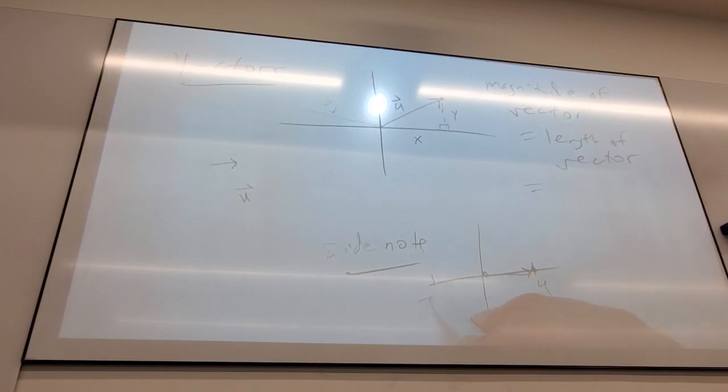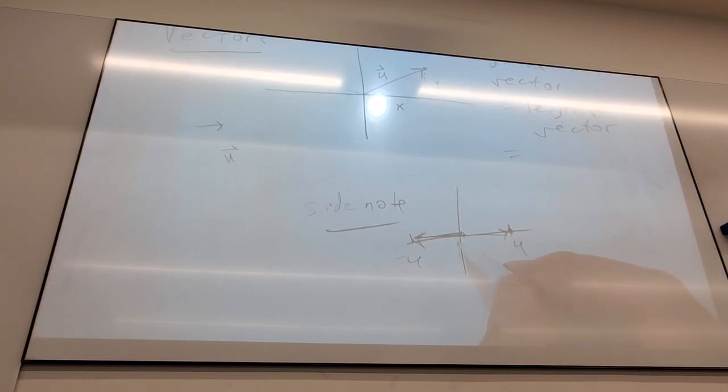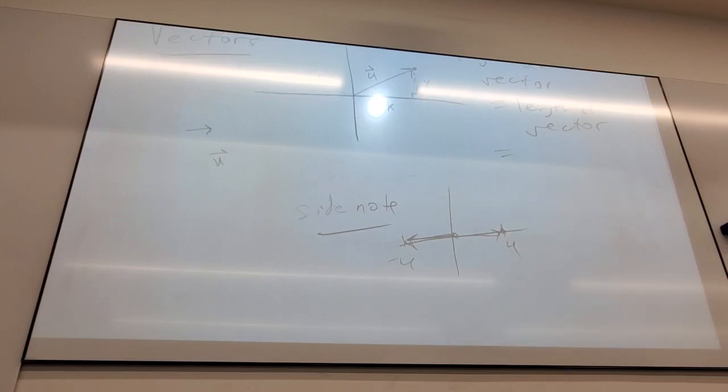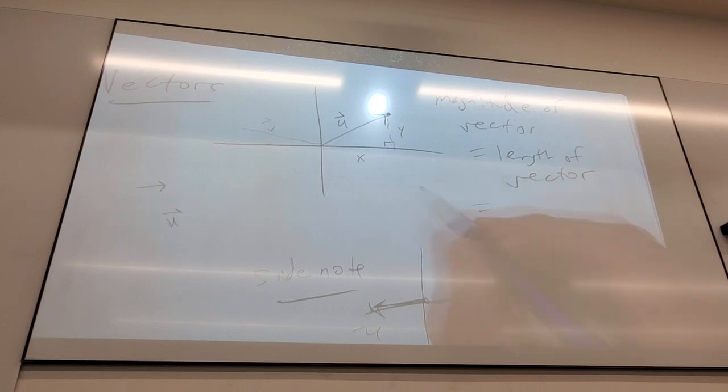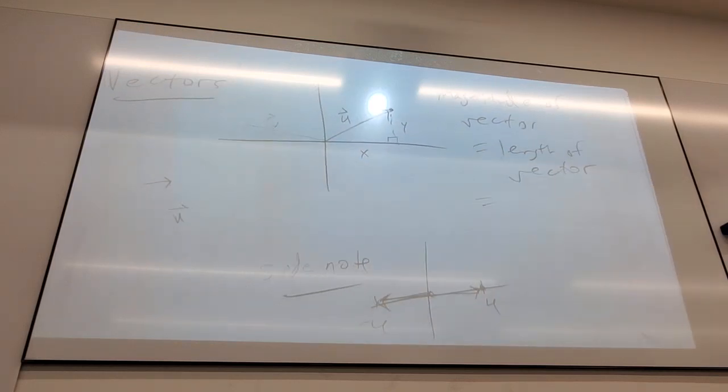Thank you. If the point was -4, how long is that vector? 4. Isn't that the absolute value? Yeah. So it's not surprising then that the notation we use for the length of a vector looks like the absolute value, because that's what it really is.